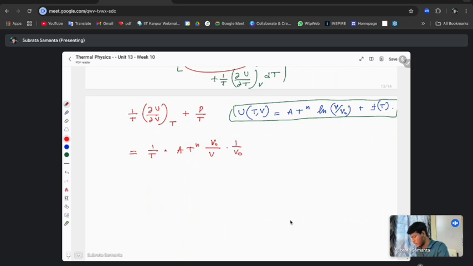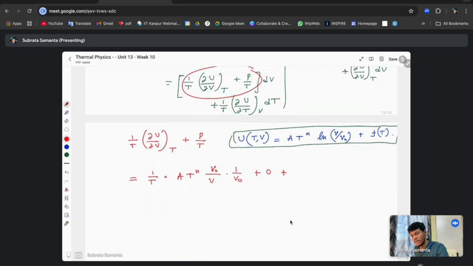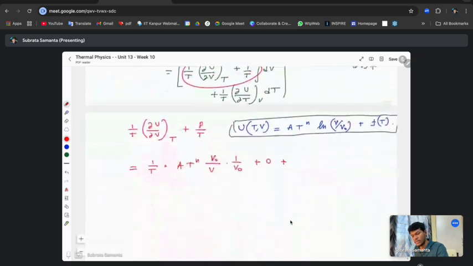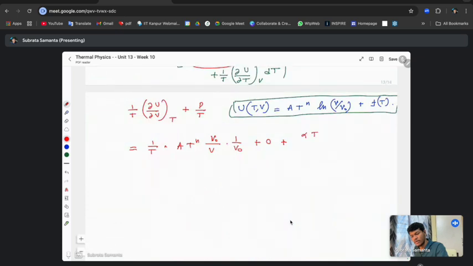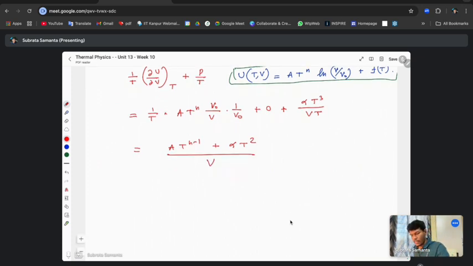So first with this and then take one derivative, right? Plus f of T, so this is 0, plus P over T, where P is alpha T cubed over V, right? So P over T is alpha T squared over V. So this is A T to the power n minus 1 plus alpha T squared over V, right?